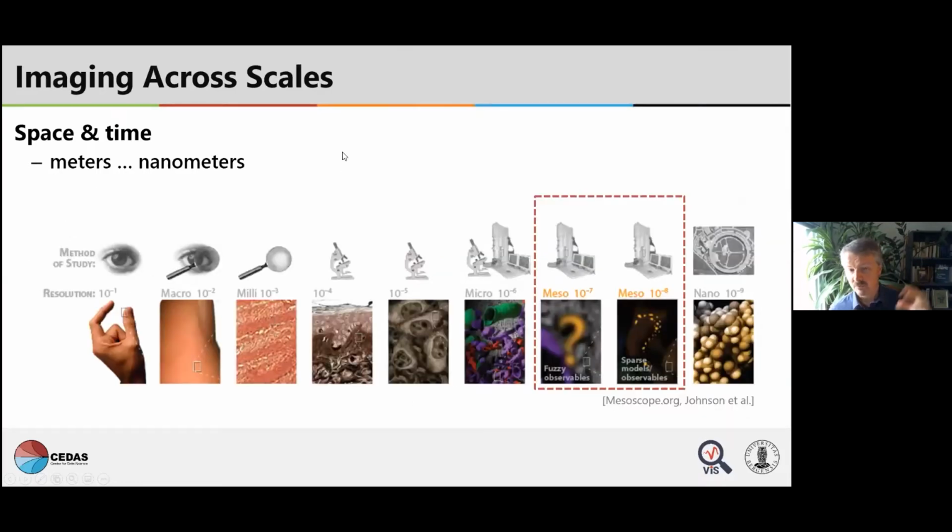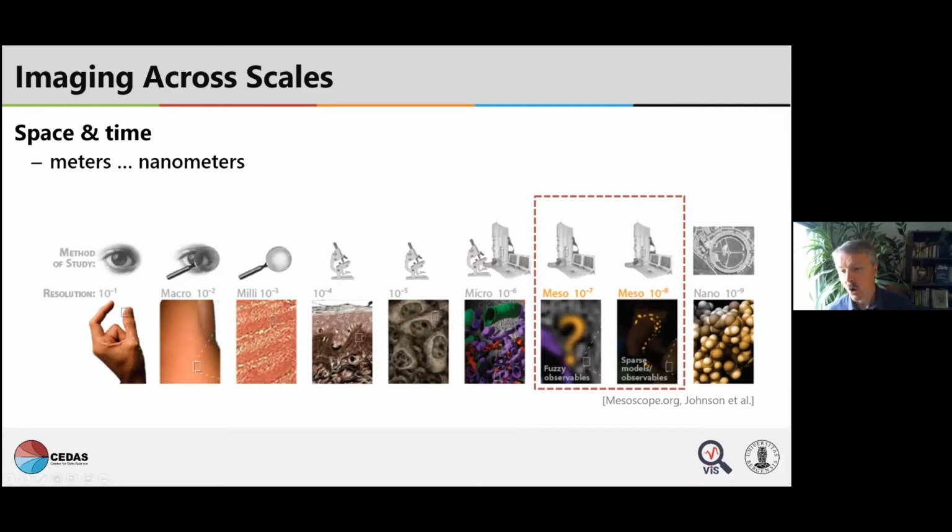Of course, for us, it's always important to see, well, what are we visualizing? Are we visualizing data? Are we visualizing models? And first, we may think about data that we get from measurement processes, from imaging devices. And here, it's an interesting question: what about the different scales?